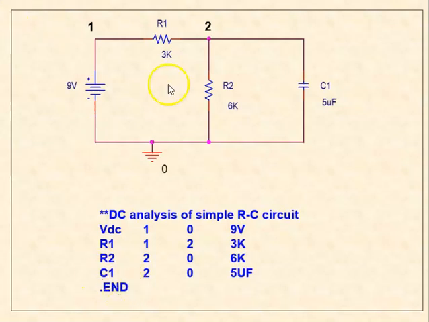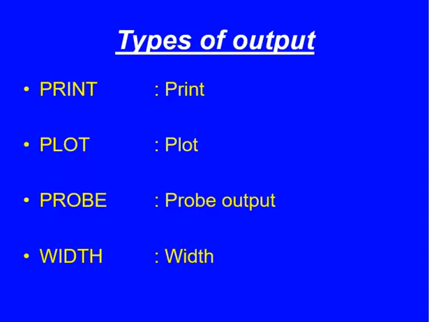Now we are going to discuss different commands that we can use in SPICE simulation software. This is the type of output commands. The different output commands used in SPICE software are the .print command, which is used to print out outputs, that is node voltages, branch currents, source current and source voltage.